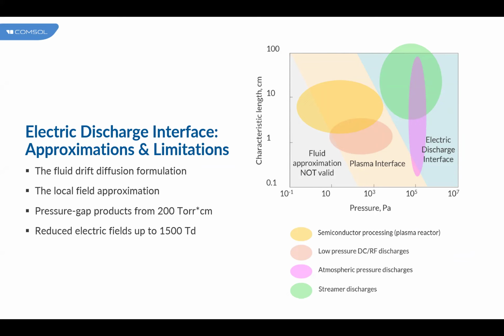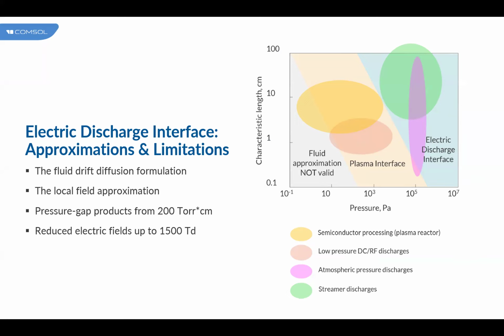If that product falls below 0.1, the fluid model becomes inaccurate and particle models are required. The fluid approximation remains valid for reduced electric fields up to 1500 townsends.